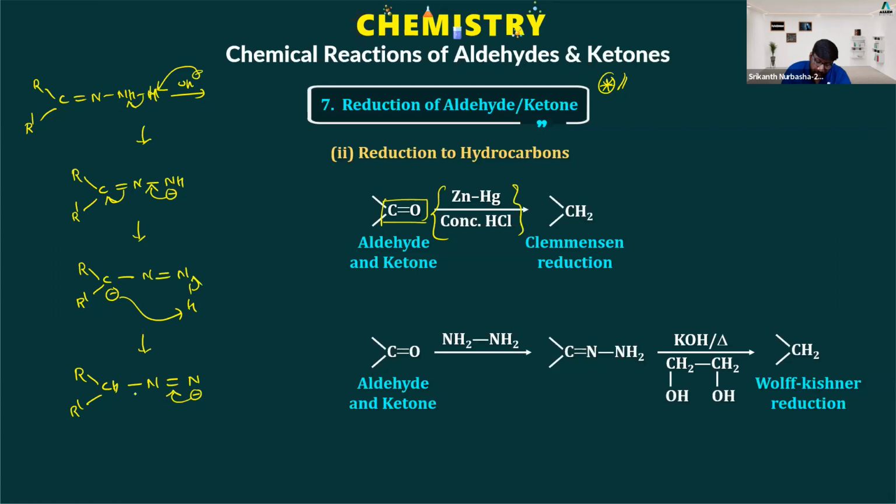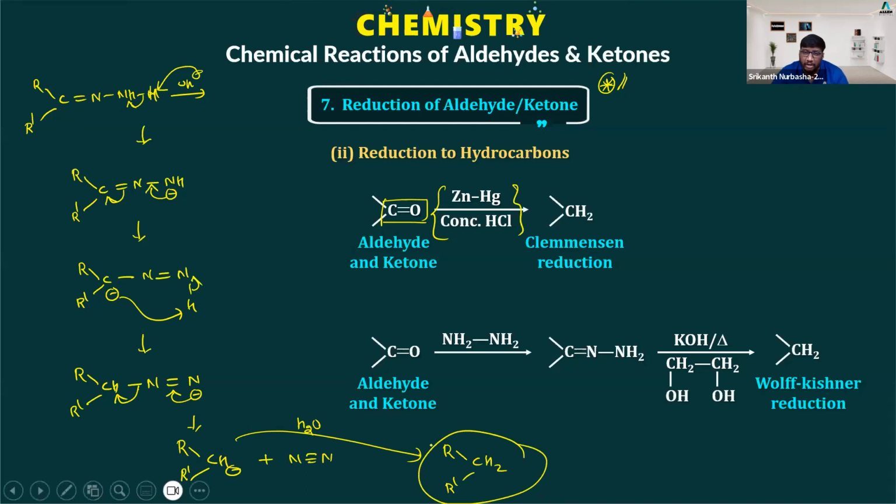The negative charge on nitrogen comes into the C-N bond, electron density is given to carbon, generating R CH minus R' plus N triple bond N. This will pick up a proton from water, like alcohol is also there, and the proton can be picked up, forming R CH2 R'. Okay, don't worry about the mechanistic approach and all, but this is how things can happen.